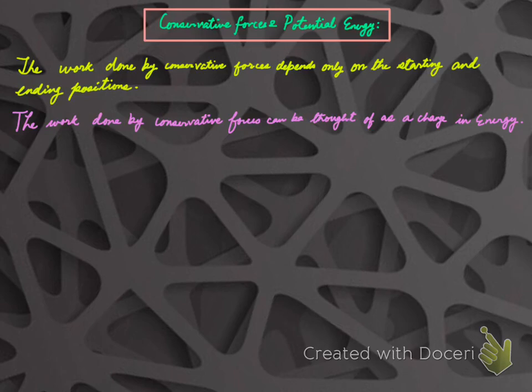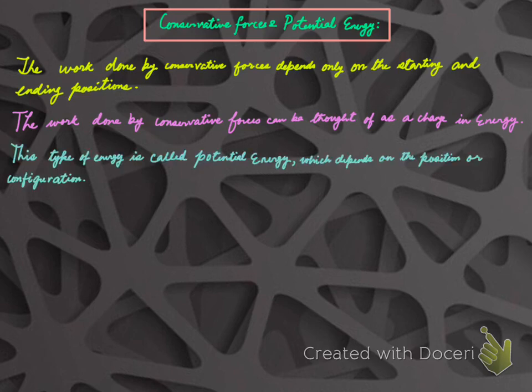The work done by conservative forces can actually be thought of as a change in energy, a kind of energy that depends only on the position or configuration of an object. So this kind of energy is called potential energy, and it depends only on the position of the object or the configuration of the object.